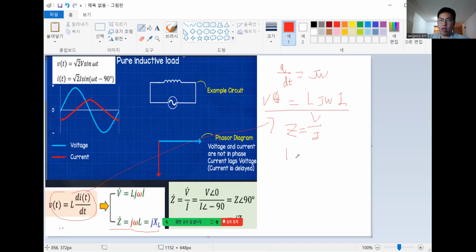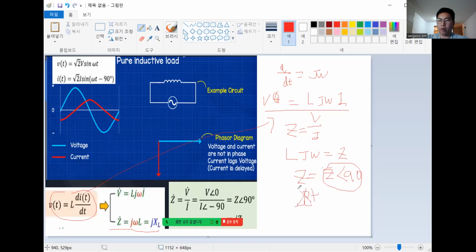So we will say L j omega is Z. But you know, Z is Z at 90. So now it has only the reactive part.